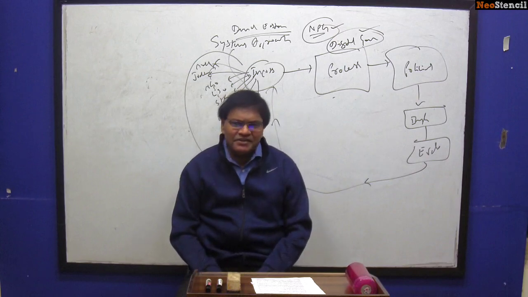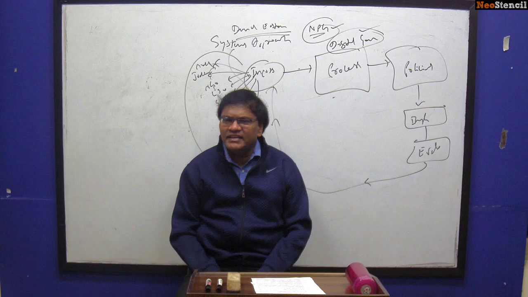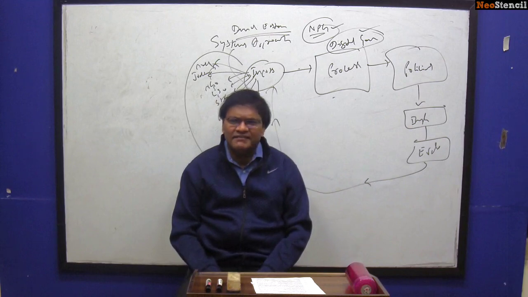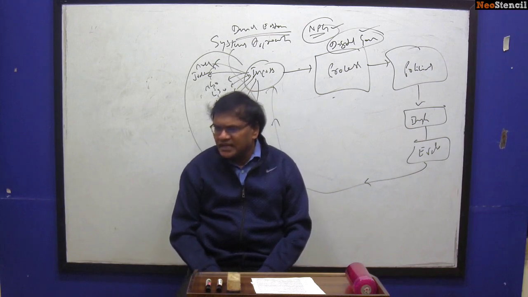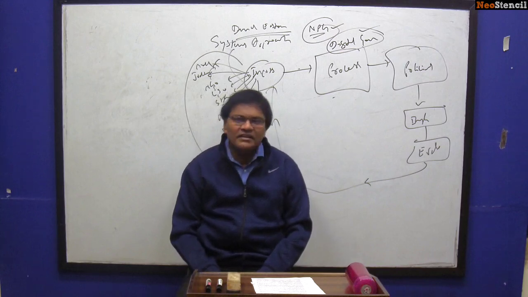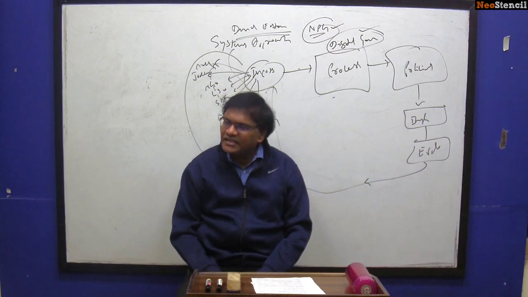Thanks to liberalization, privatization, globalization, the country has witnessed an exponential increase in the revenues of the governments. The budget of the union government in 1991 was less than 1 lakh crores. And what is the budget of the central government last year? 30 lakh crores. From 90,000 crores, it has increased to 30 lakh crores.